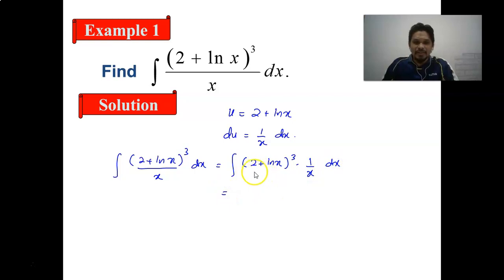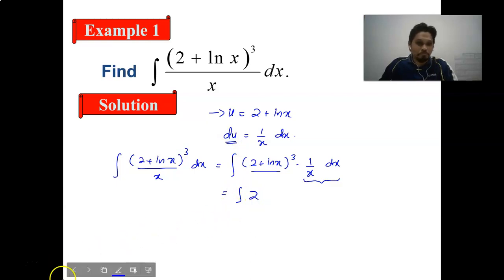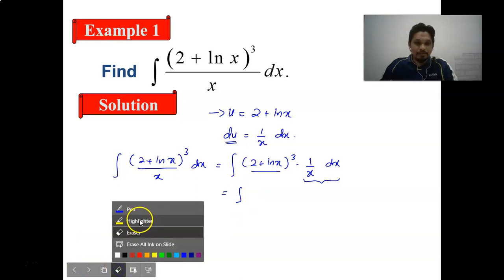As you can see, this is u, so u equals 2 plus ln x. And what about this one here? 1 over x dx is our du.